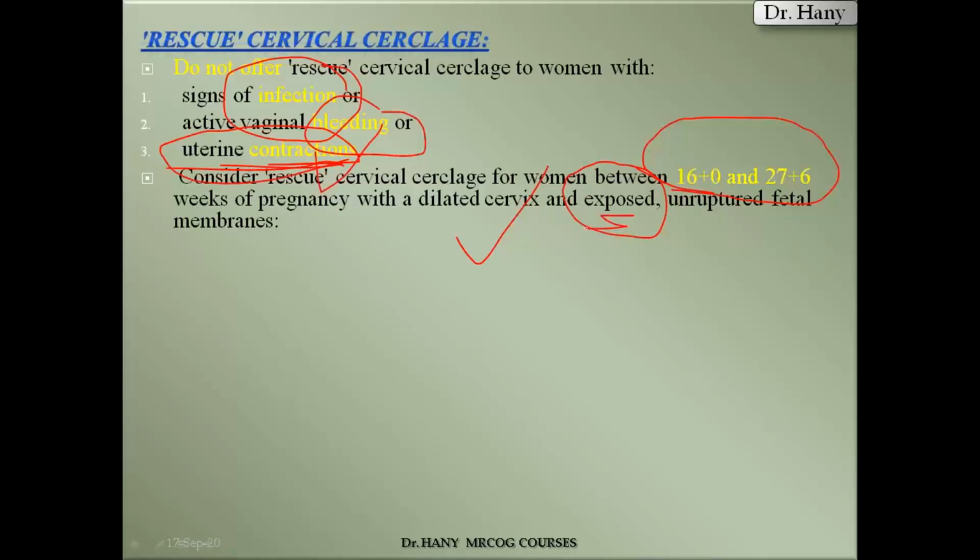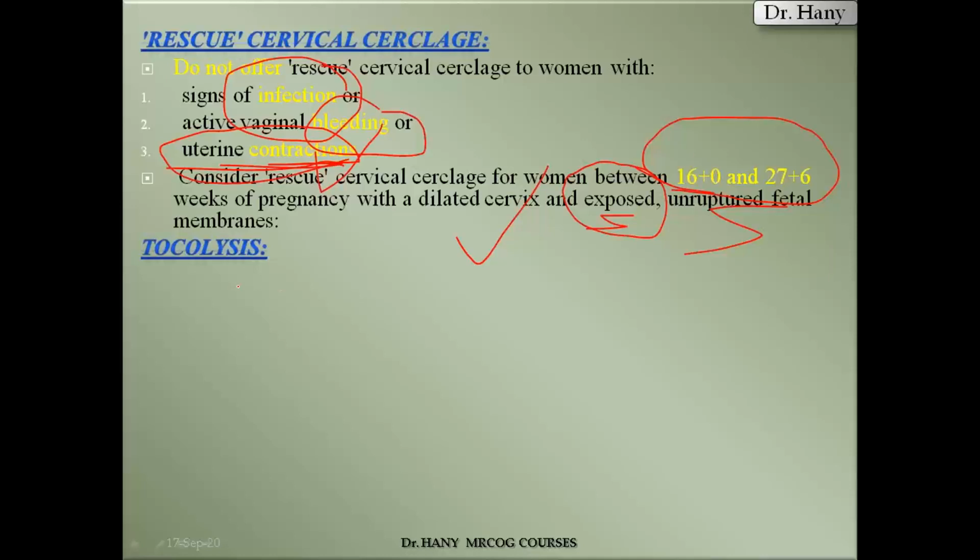Exposed membrane only and unruptured fetal membranes, because PPROM is a contraindication for tocolysis or for cerclage. So only exposed membrane without painful uterine contractions is an indication for rescue cervical cerclage, and it should be between this gestational age.